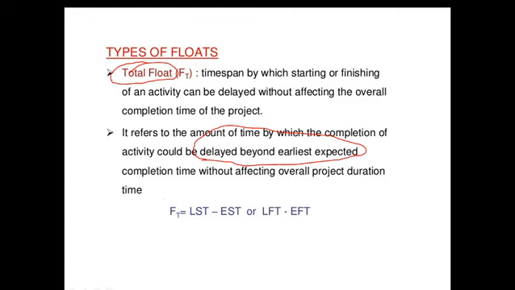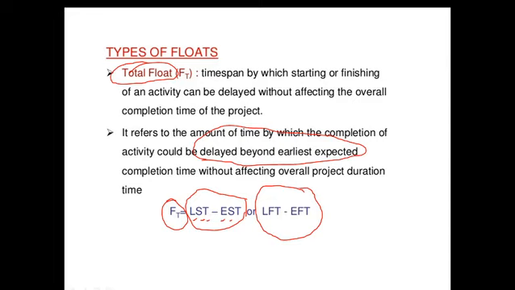So, how to calculate this? The empirical formula to calculate total float is latest start time minus earliest start time. Either you can use this formula, latest start time minus earliest start time, or you can use latest finish time minus earliest finish time.